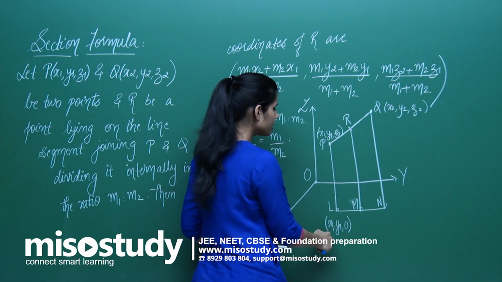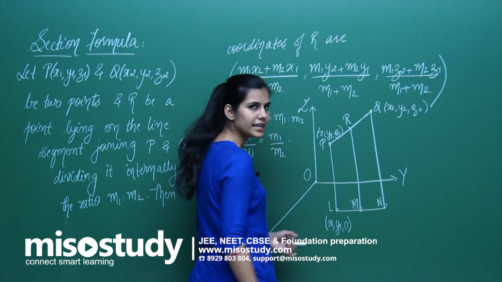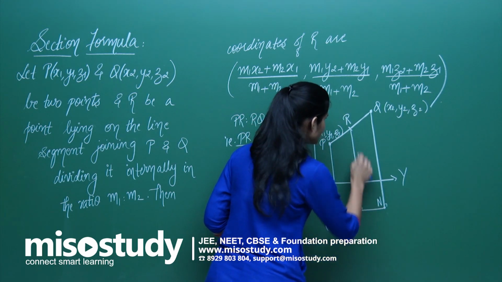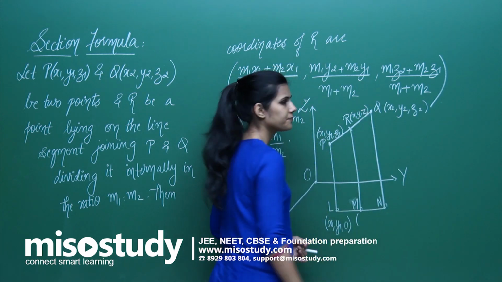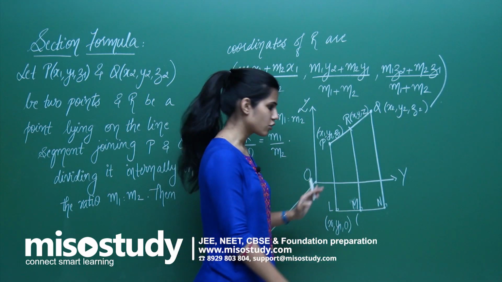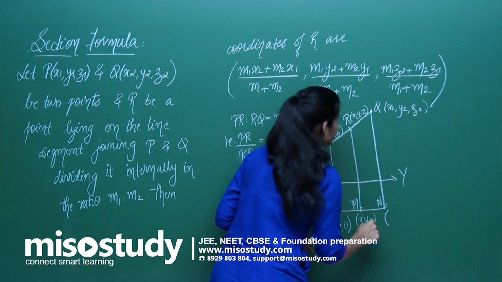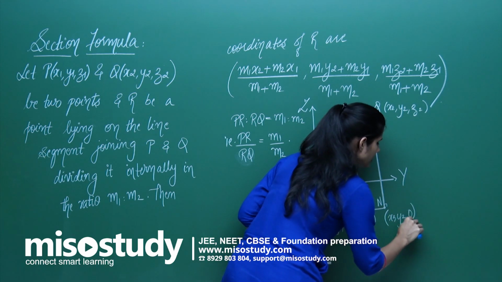The x and y coordinates remain the same, only the z coordinate becomes 0 because the point is lying in the xy plane. Similarly, M: right now I don't know the coordinates of R, suppose they are x, y, z, then M is x, y, 0, and similarly N is x2, y2, 0.